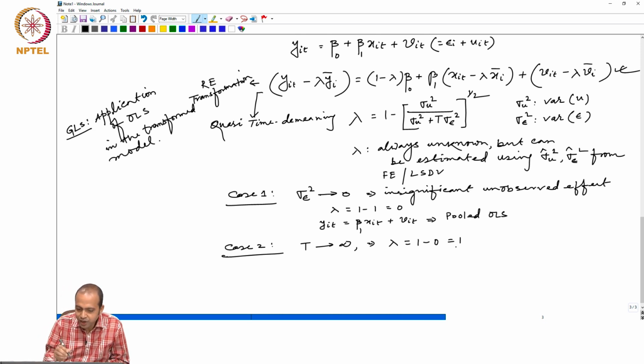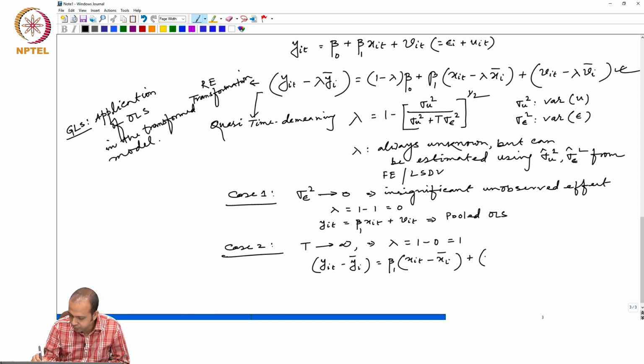When lambda equals 1, this transformation becomes yit minus yi bar equals beta 1 times xit minus xi bar plus vit minus vi bar, which is nothing but the fixed effect model.